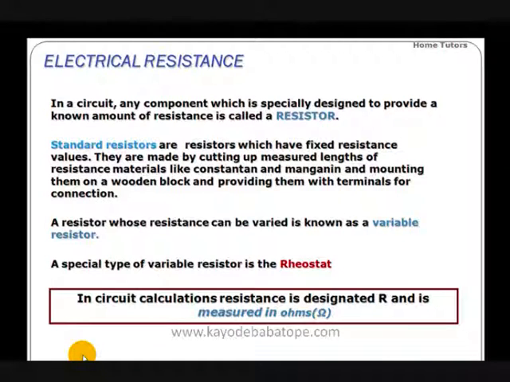Those are called variable resistors, and a very special type of variable resistor is the rheostat. In circuit calculations, resistance is designated R, and it is measured in units of ohms, with this omega symbol representing ohms.